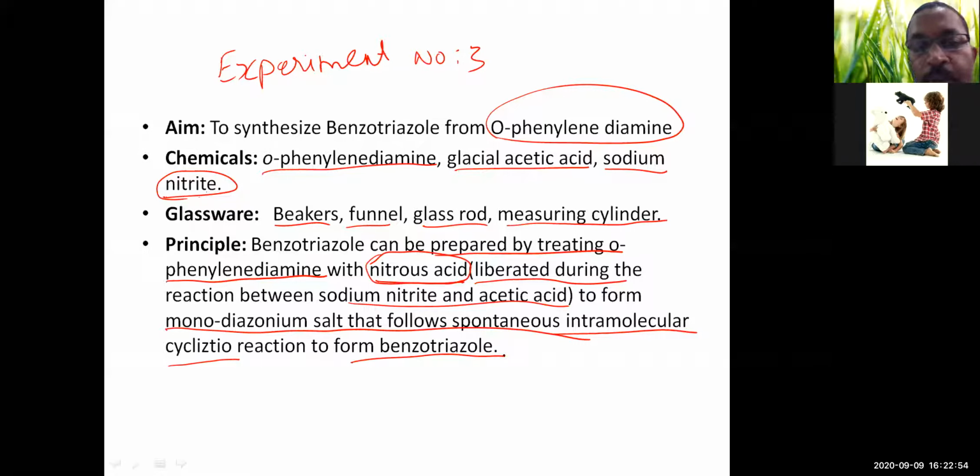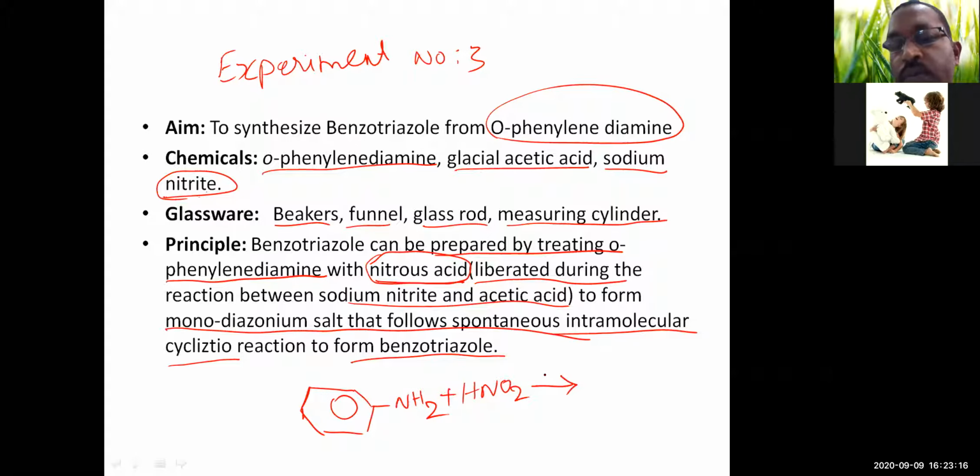So what is a diazonium salt? Diazonium salts are nothing but derived from aromatic amines. So carefully follow this. Aromatic amines, when they react with HNO2 in presence of an acid, give diazonium chloride.